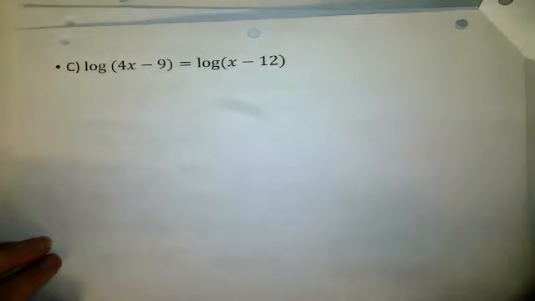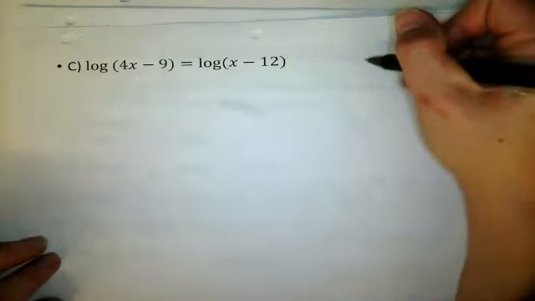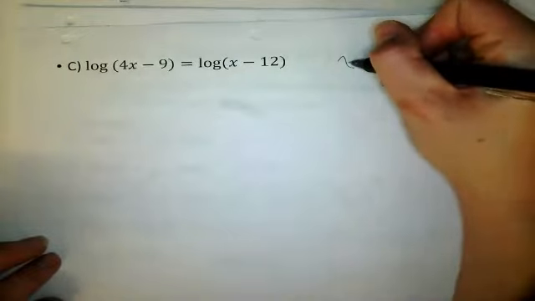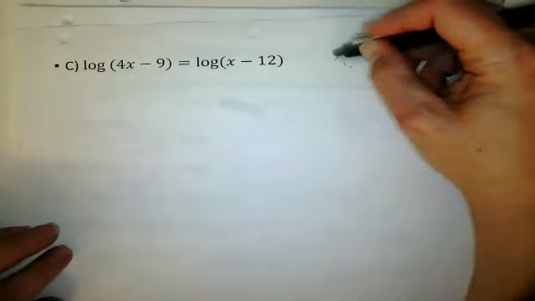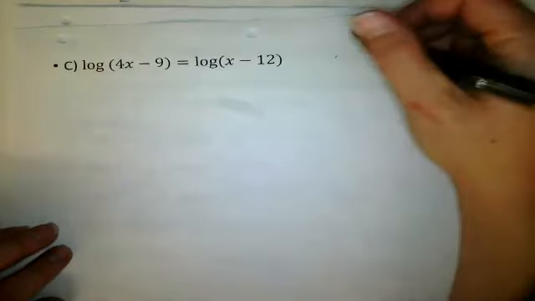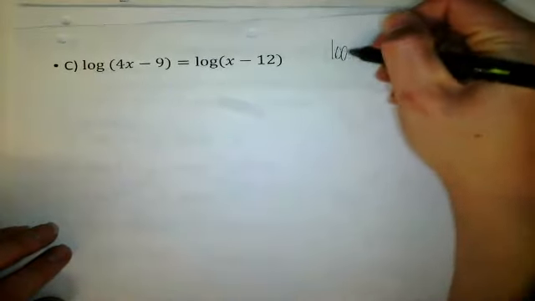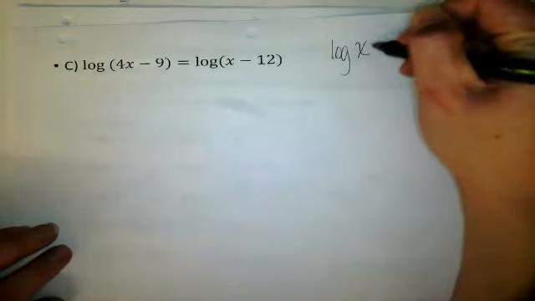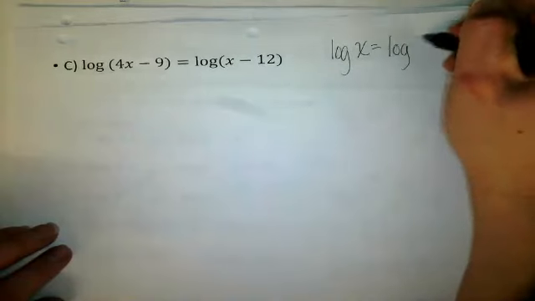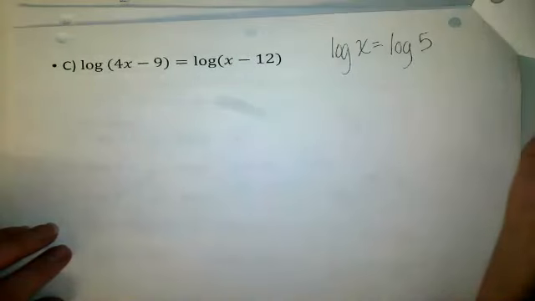We can approach this a lot of different ways. But let me ask you a question. Oh, you can just take the log out. If the log of x equals the log of 5, what's x? 5.